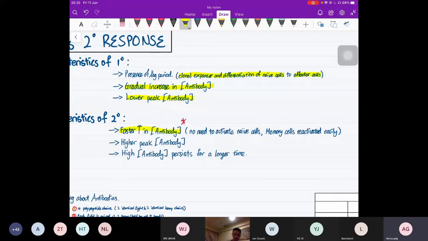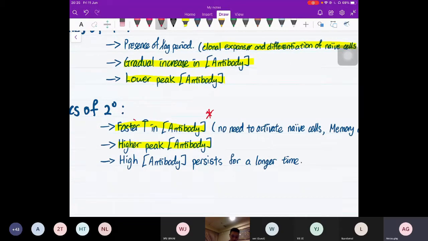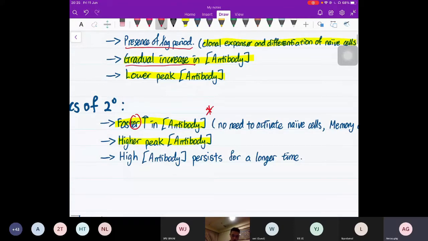So then the next one is a higher peak of antibody. You look at the first two, we use comparative terms because we want to differentiate between before, where there was a lag period and a gradual increase, and we contrast it here with a faster increase.